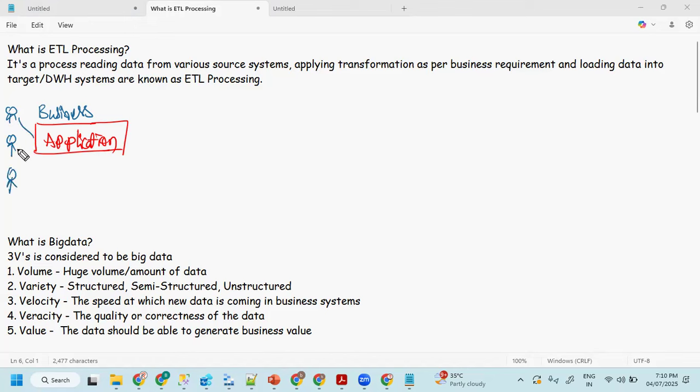If you take a banking application or an insurance application, for every business there will be a business application. What this application is going to do is take the data from the customers. Day-to-day transactions are going to be collected through these applications.